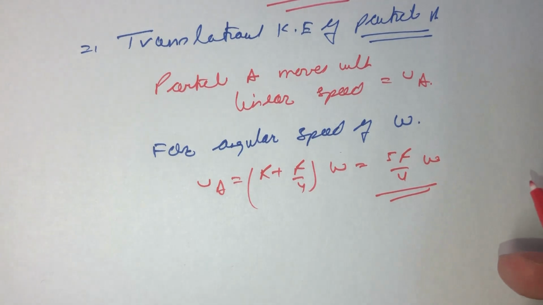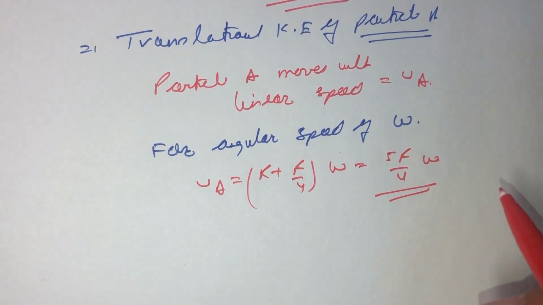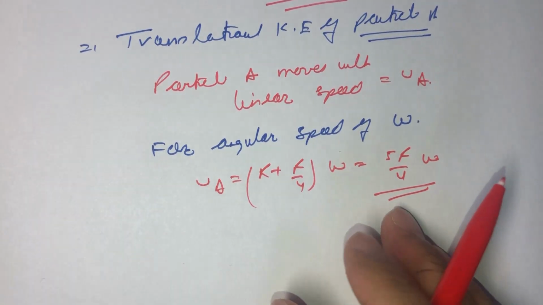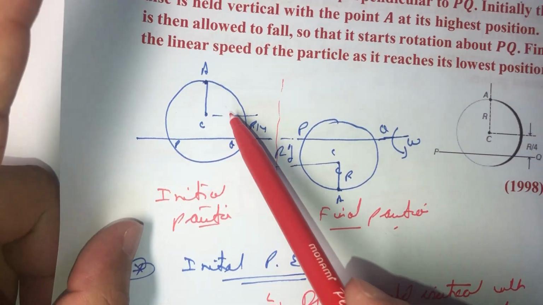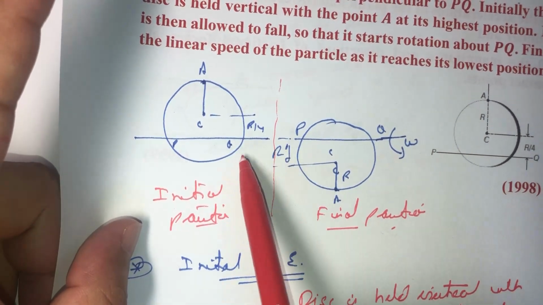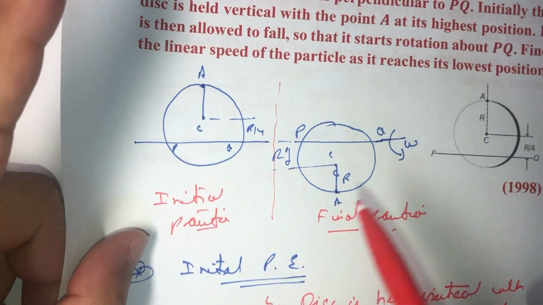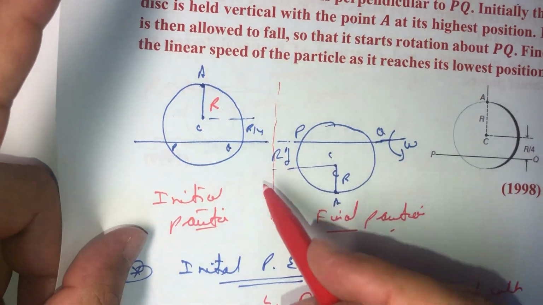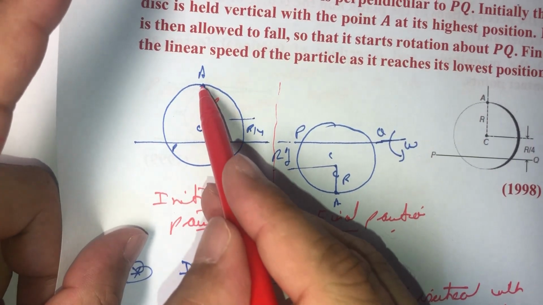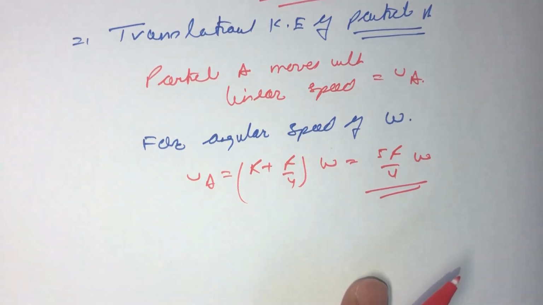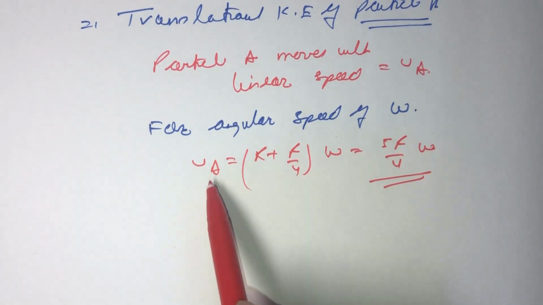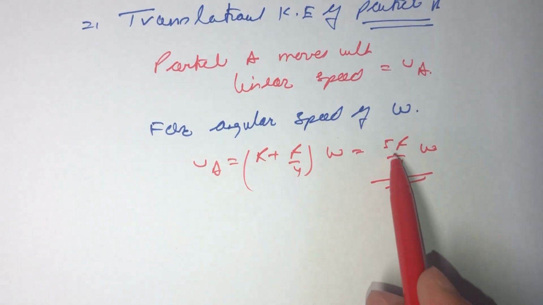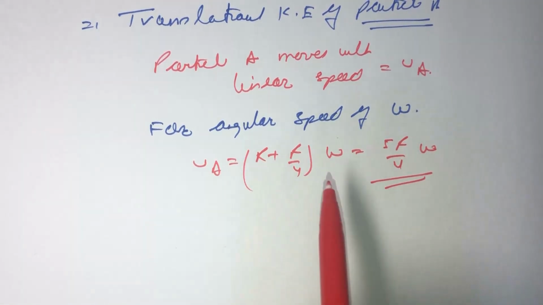This will be its linear speed in terms of the angular velocity, because particle A is fixed and is rotating about the axis PQ, and the distance between the axis of rotation and particle A is r plus r by 4. So the angular velocity and the linear velocity are related by this relationship, 5r upon 4 into omega.